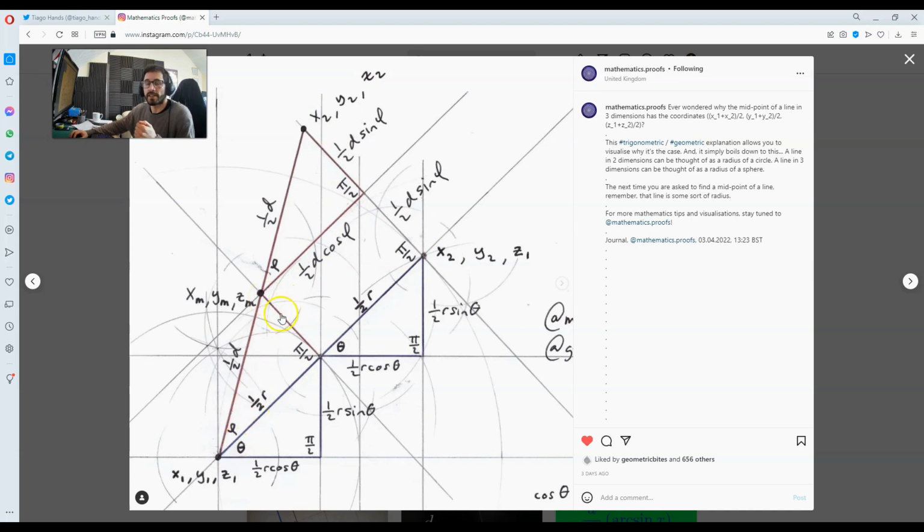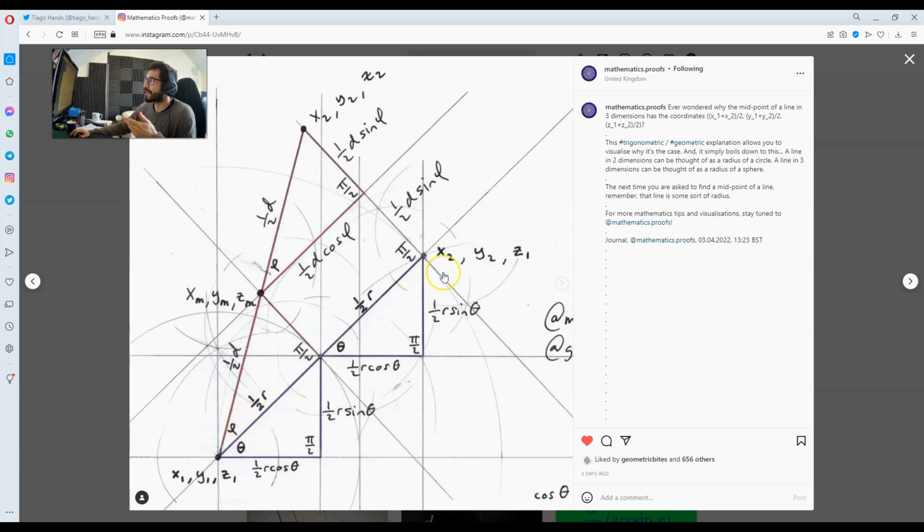Now, the right-angled triangle in the Z1 plane is going to have the angle theta, the hypotenuse r, the adjacent side with the length x2 minus x1, or r cos theta, and the opposite side with the length y2 minus y1, or r sine theta.